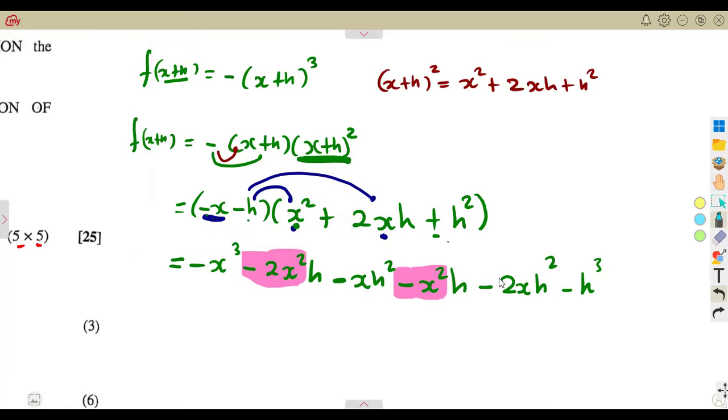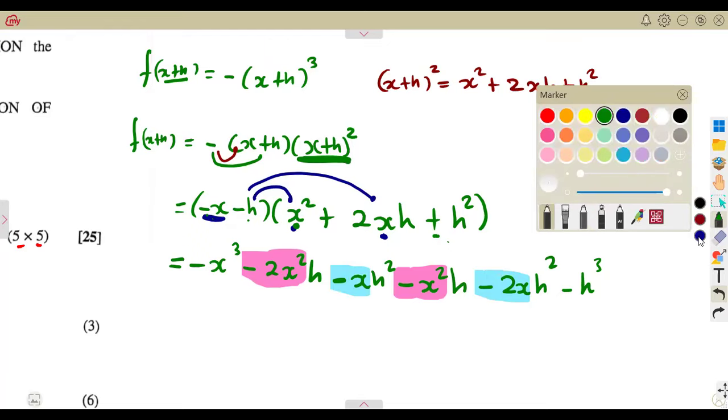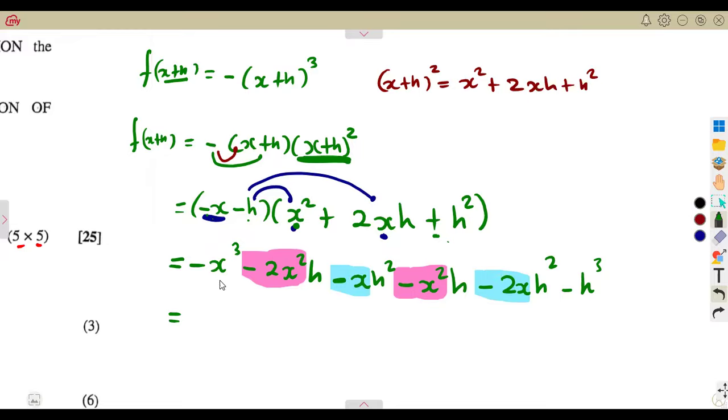And this part of h squared where we've got minus x h squared, minus 2x h squared. If you consider this, these are like terms there. So meaning to say the first one, the x cubed, there's no effect, just going to remain as it is.